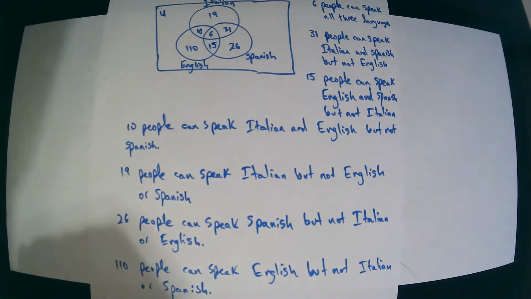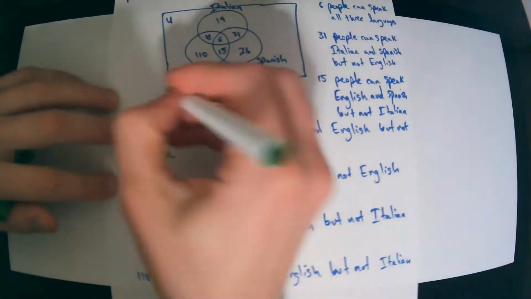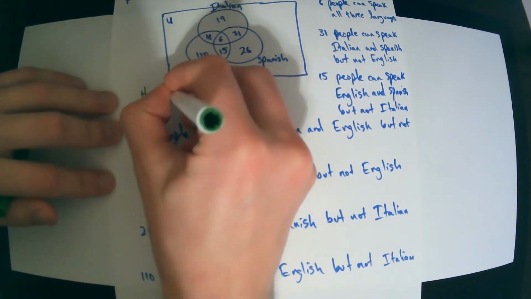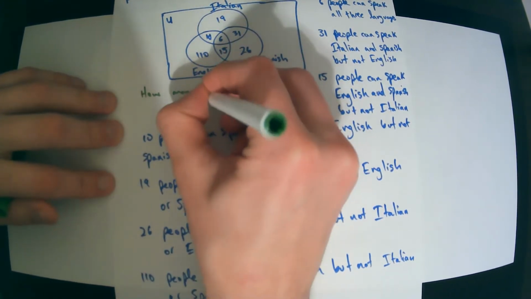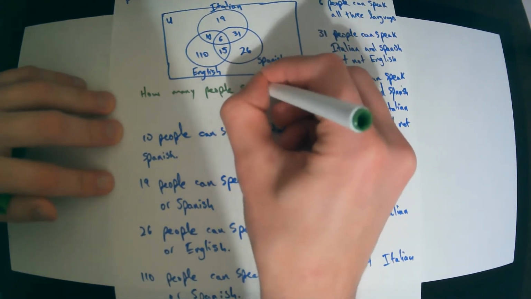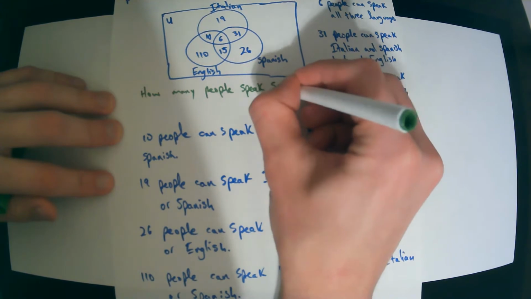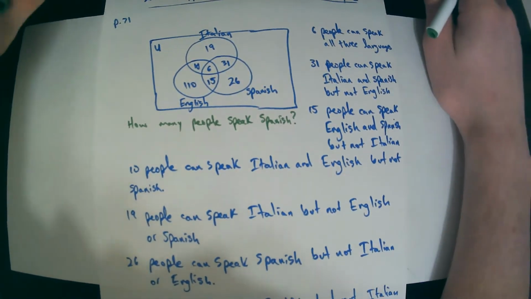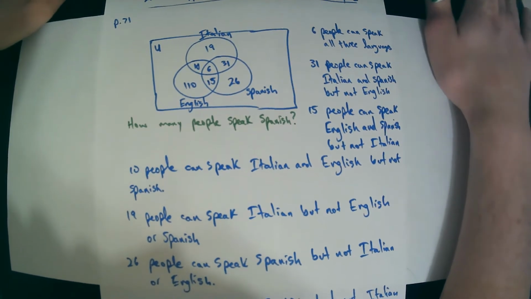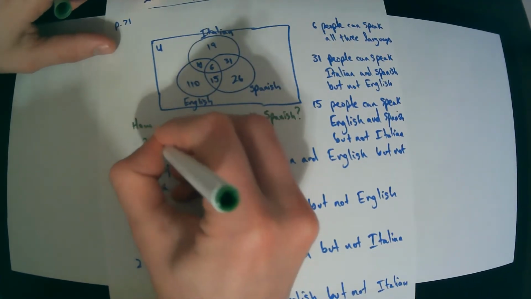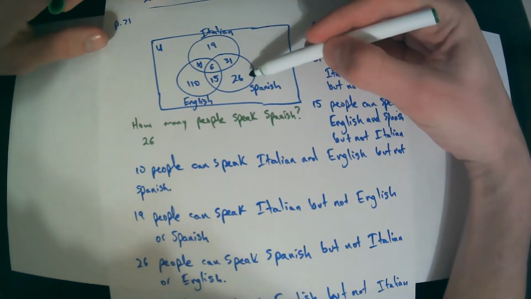Now, I could ask a question. How many people speak Spanish, according to this Venn diagram? How many people can speak Spanish? Well, we've got these 26 that surely can speak Spanish. That's the only language they speak.